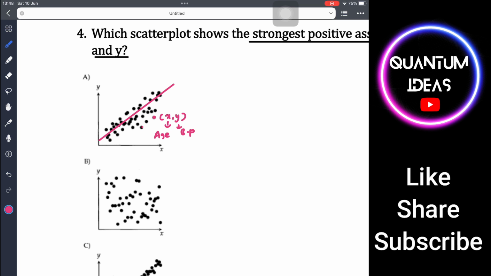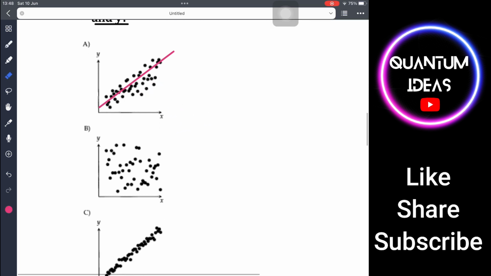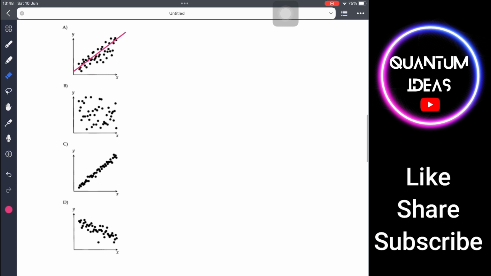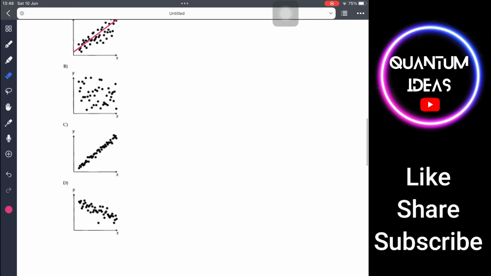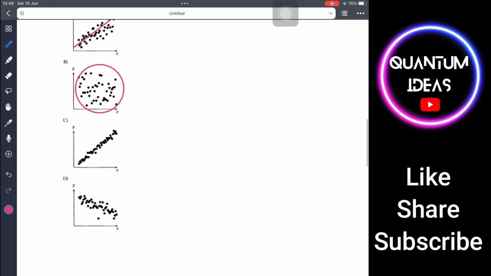So we have different data points, and if you draw a line like this, you can see that a few of these data points are scattered away from the line, right? And here, you cannot draw a line, because the data are so random, so there is actually no association. And here, if you make a straight line, you can see that most of the data points fall on the line.